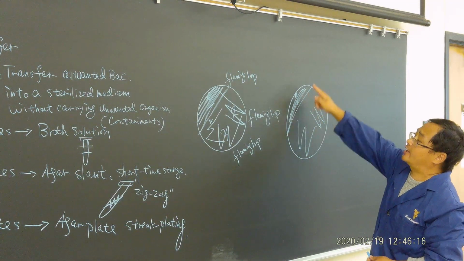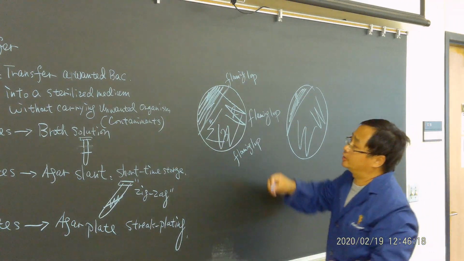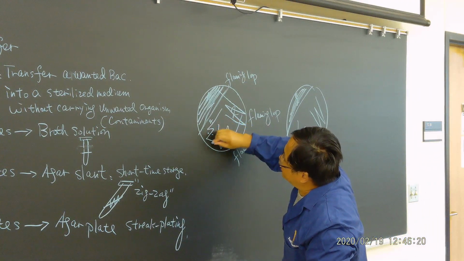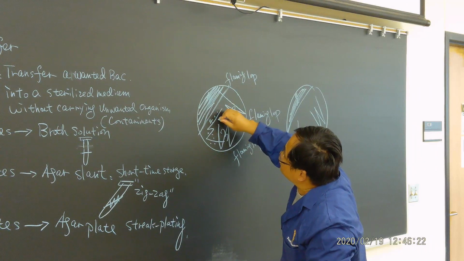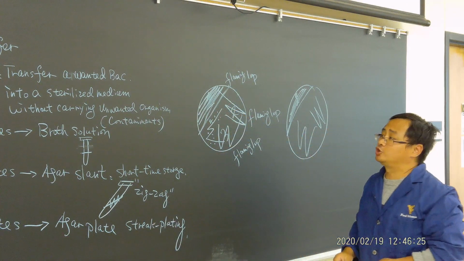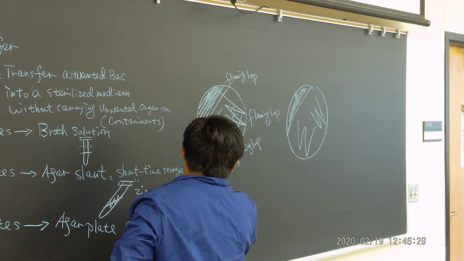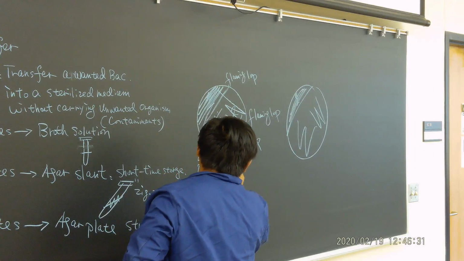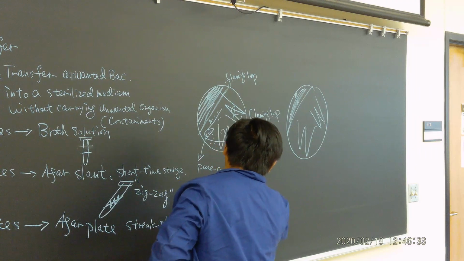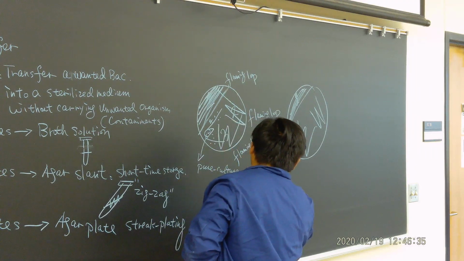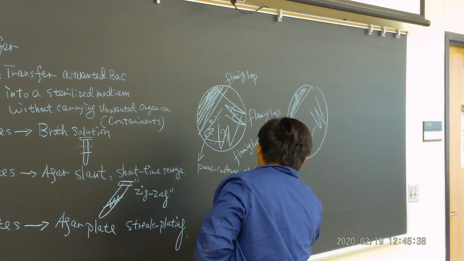Every single growth here will not have a single colony. Because when we do streak plating, we want to show single colonies after incubation. And this is what we call a pure culture. That's called a single colony.